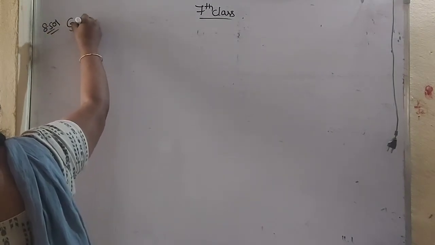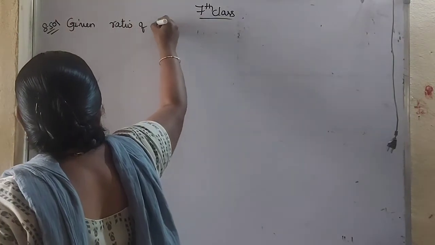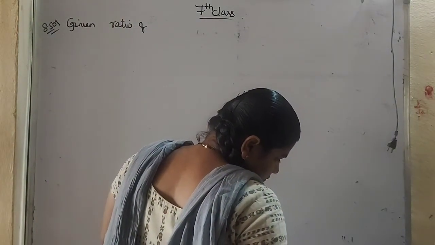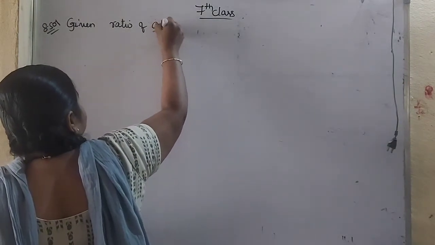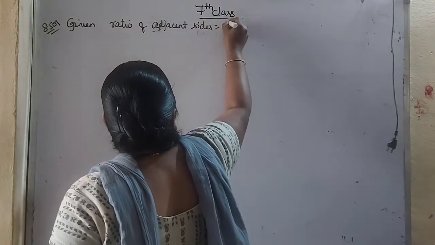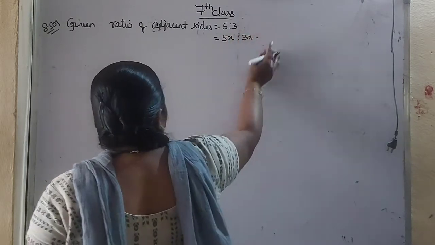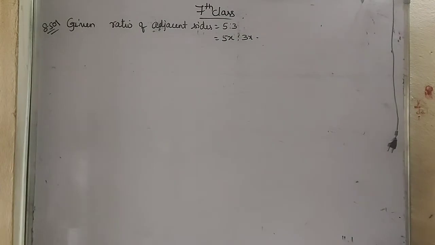So here, given the ratio of two adjacent sides is 5:3, that means we can take it as 5x:3x, because the result will always be in the form of multiples of the given number.